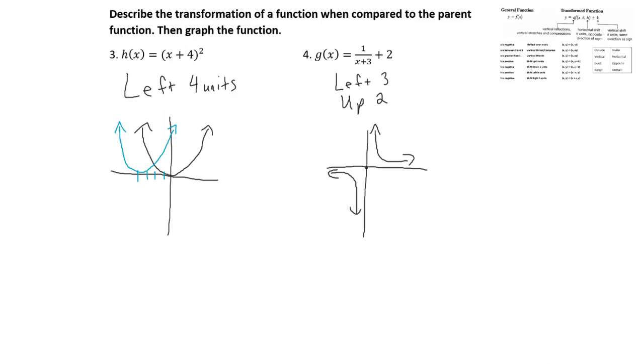And so you have the center at the origin. But now we move that center left 1, 2, 3, and we move it up 2. So now our center is more there. So it looks like that as a rough sketch. All right, let's look at some more.